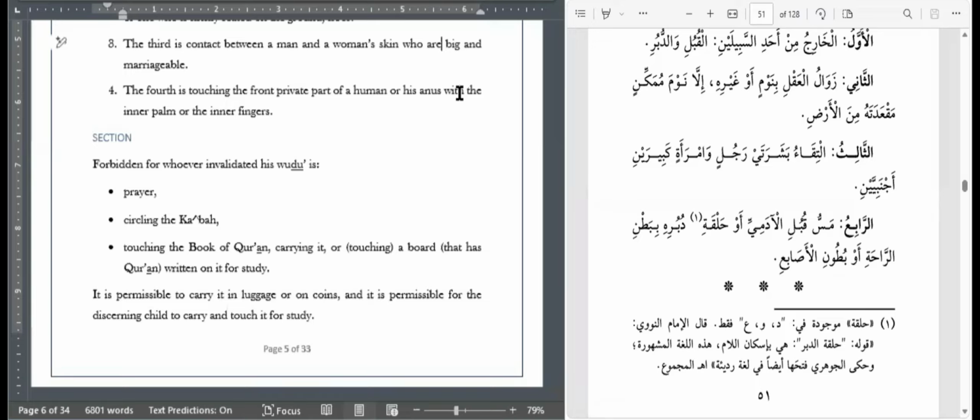Big here means not small in such a way that they're not normally desirable. Like 1 year old, 2, 3, 4, 5, 6, 7. All of this is not normally desirable. Those are not big yet.